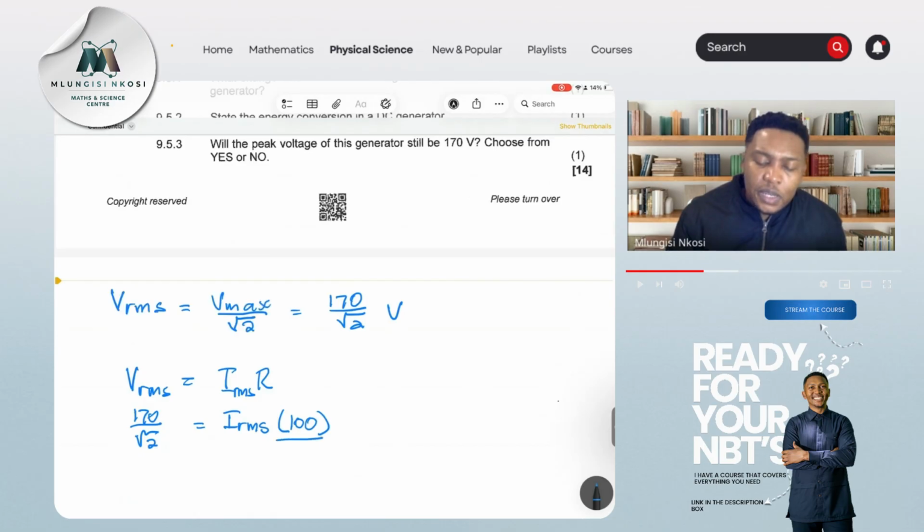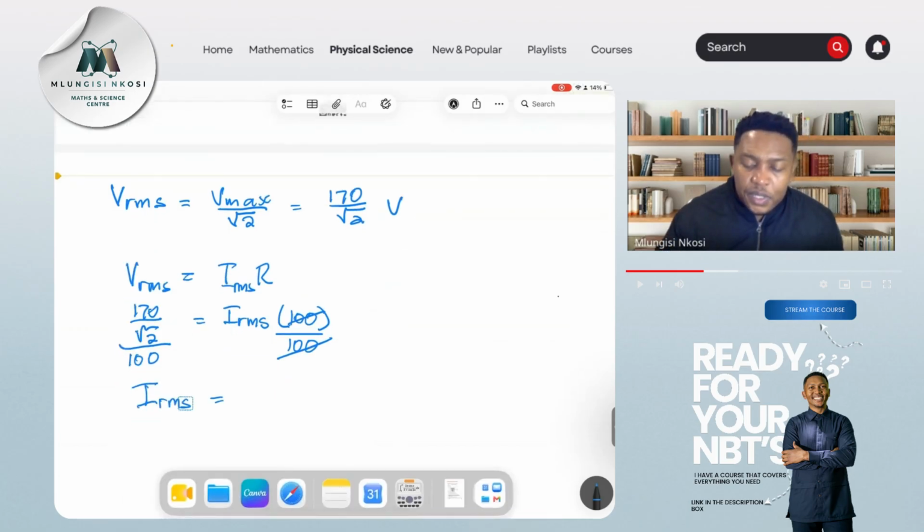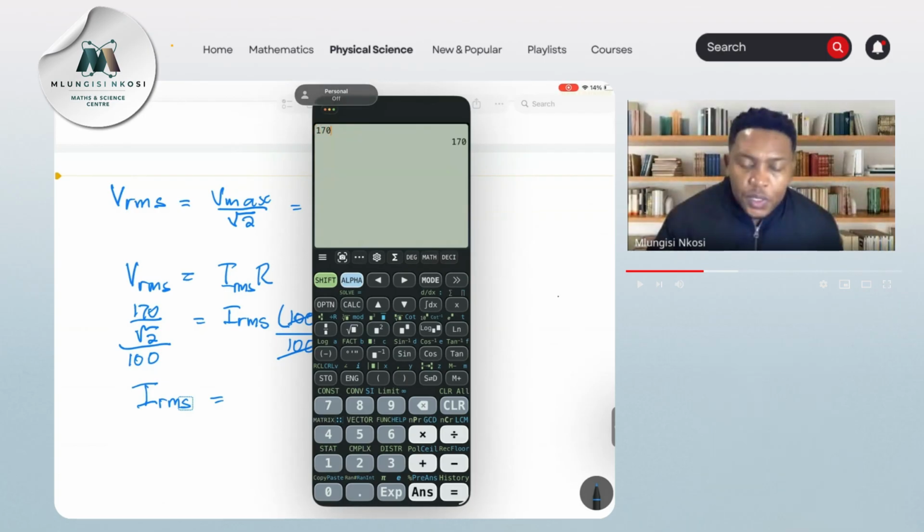Okay, and we can divide both sides by 100. And that should give us our IRMS value. Going to work it out just now. So we know this is 170 over root 2, and this is divided by 100. Okay, and I get an RMS current of 1.2 amperes.